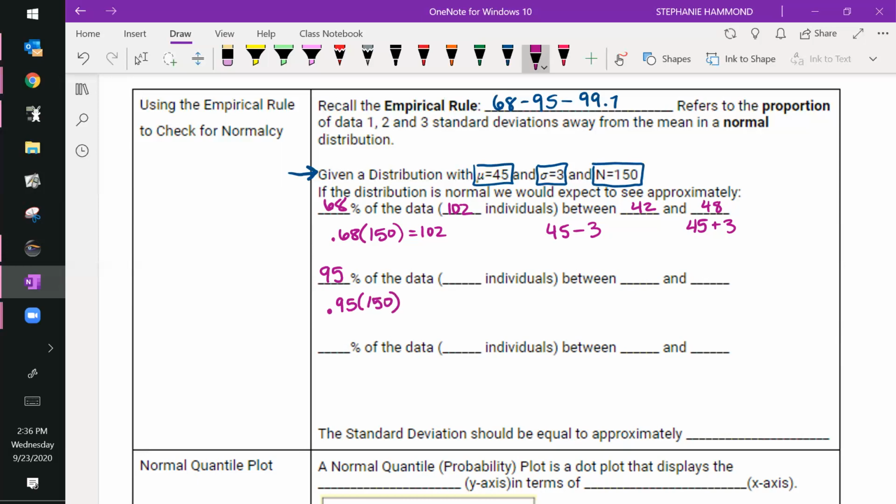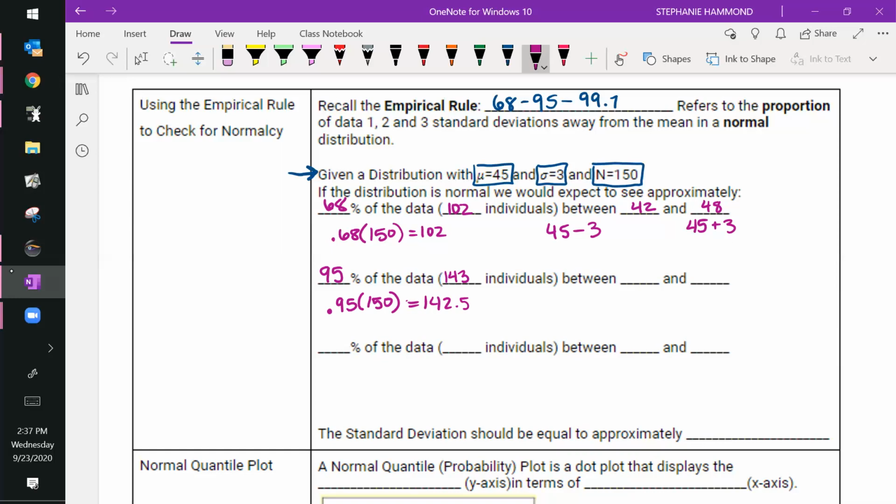So I take 0.95 and multiply it by 150 and find that there would be about 142.5 individuals. And I could write that there, but in reality, we can't have half an individual, so you could round up. About 143 individuals should be in that 95%.